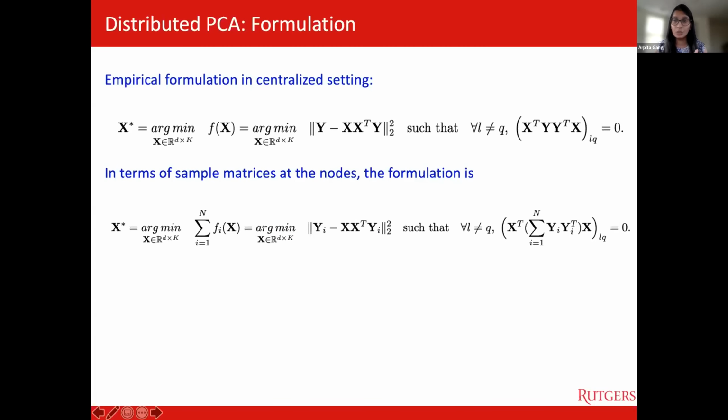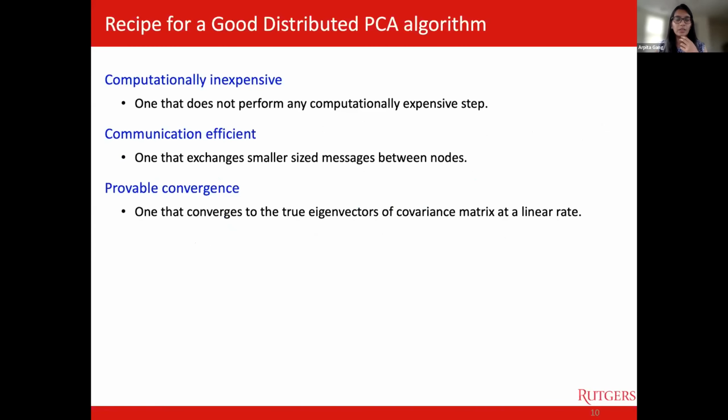So what's our solution for this? What we need for a good distributed algorithm is that we want it to be computationally inexpensive, so we don't do too many computations per round. We want a communication efficient algorithm, such that the nodes do not exchange too much information or high dimensional messages between each other.